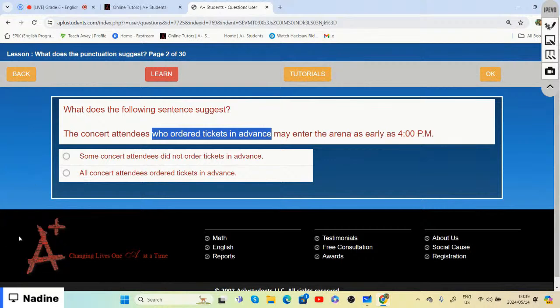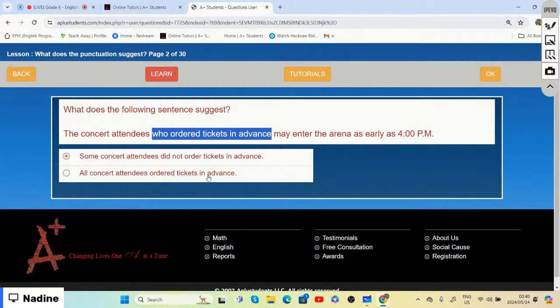Okay, so it means that some concert attendees did not order tickets in advance. Well done, because remember, if all of the concert attendees ordered tickets in advance, then they wouldn't have said that the concert attendees who ordered tickets in advance may enter the arena at 4 p.m., because then they would have just said that everybody can enter the arena at 4 p.m., right?